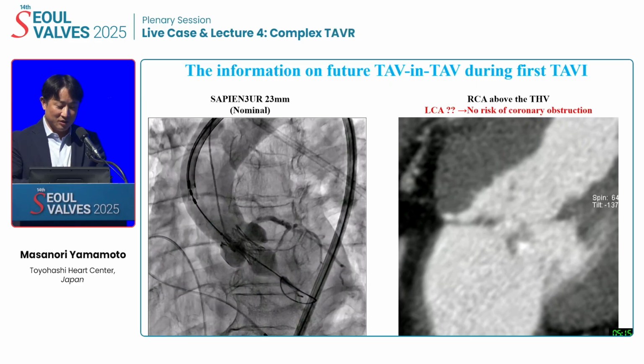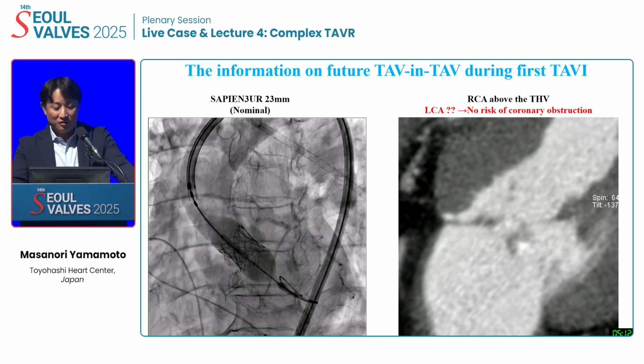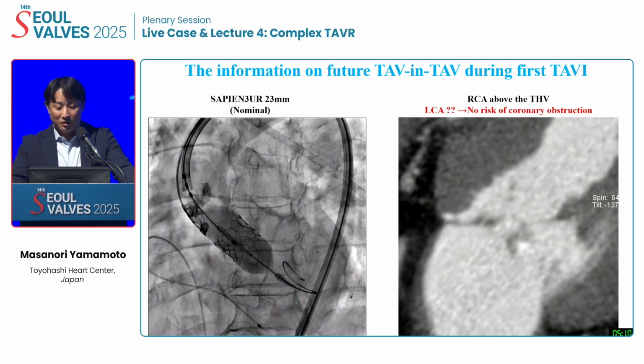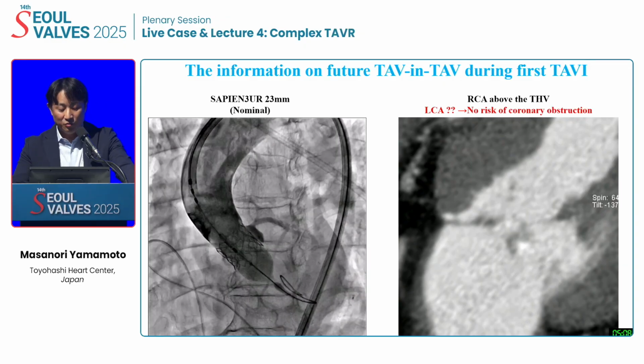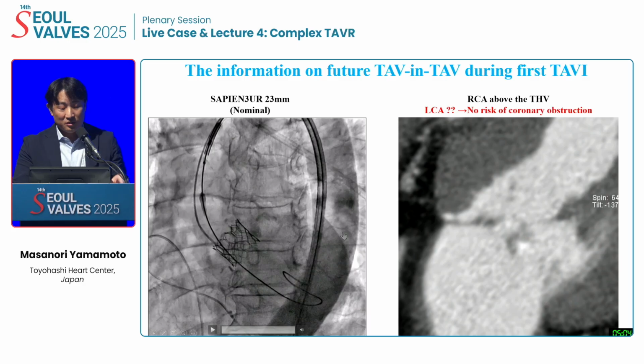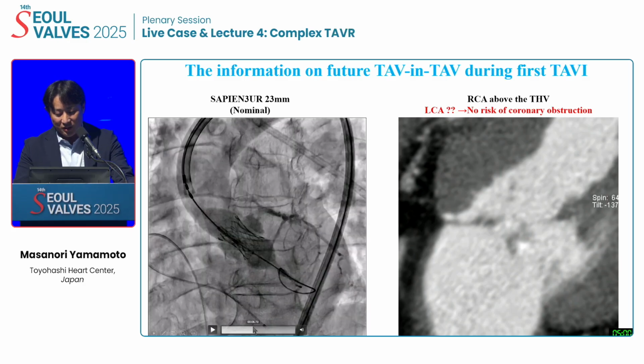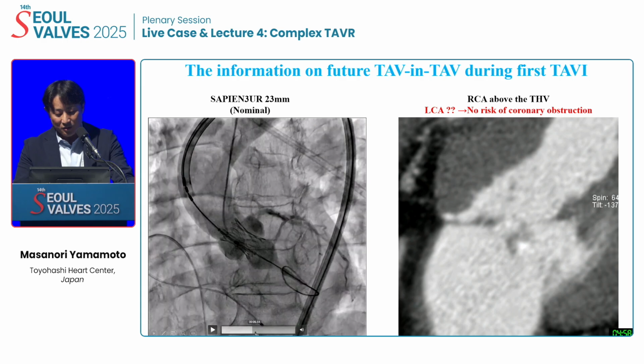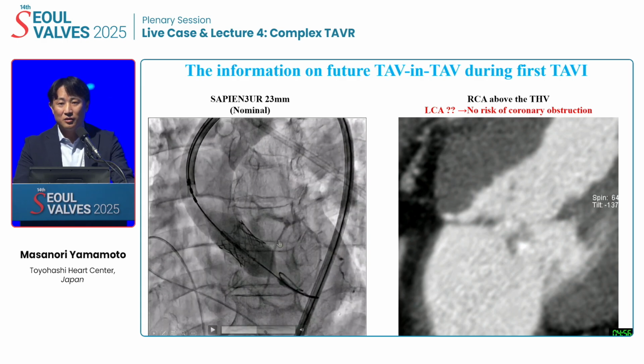I inflated the S3UR completely, and then at this portion I injected again, and we can see the left coronary flow. So this patient has no risk of coronary obstruction, especially in the LCA. Okay, so that's 100% safety of the TAVR procedure for this patient.